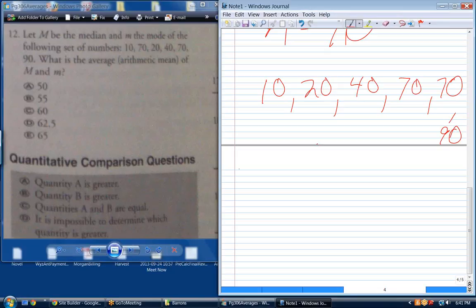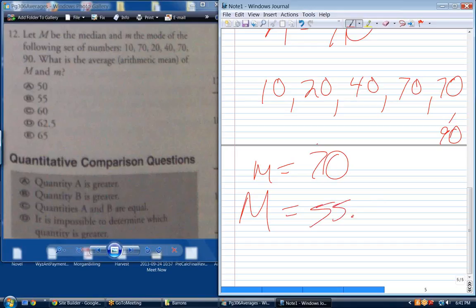Well, the mode is 70. It's the median. There's an equal set of numbers, so isn't it 70 plus 40 divided by 2? 55 and a half.